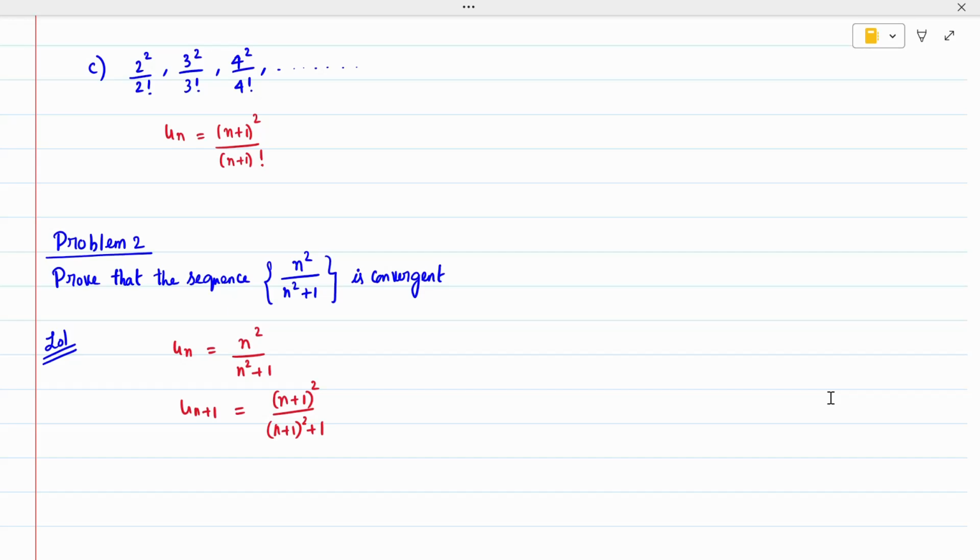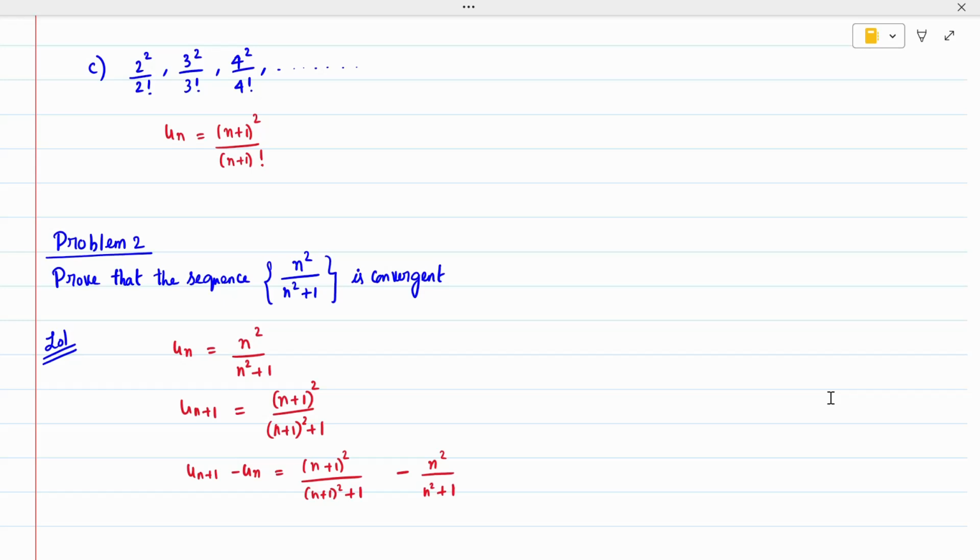Okay, now I have to subtract it. This you can expand it or subtract it. So now un plus 1 minus un term, both subtraction I am going to do. So the first term, un plus 1, is nothing but n plus 1 the whole square divided by n plus 1 the whole square plus 1, minus n square divided by n squared plus 1.